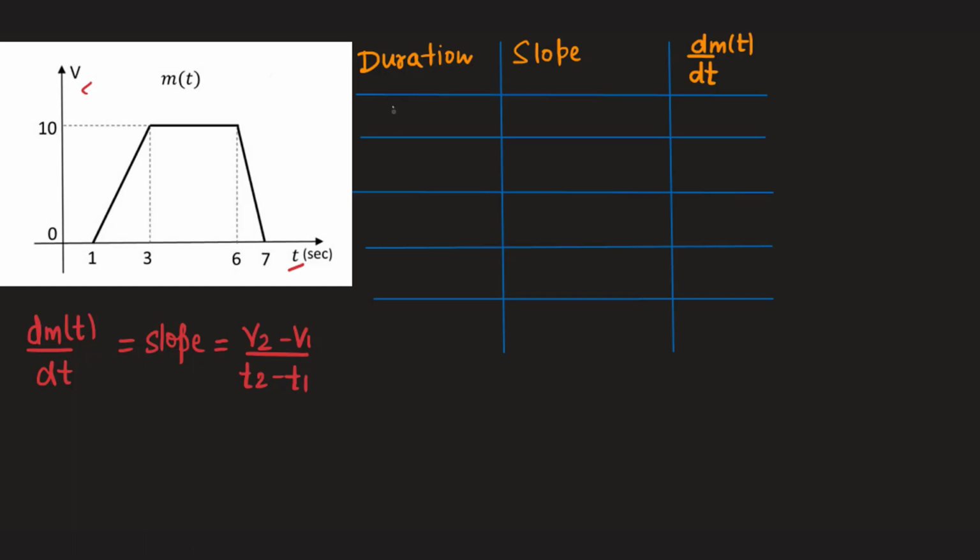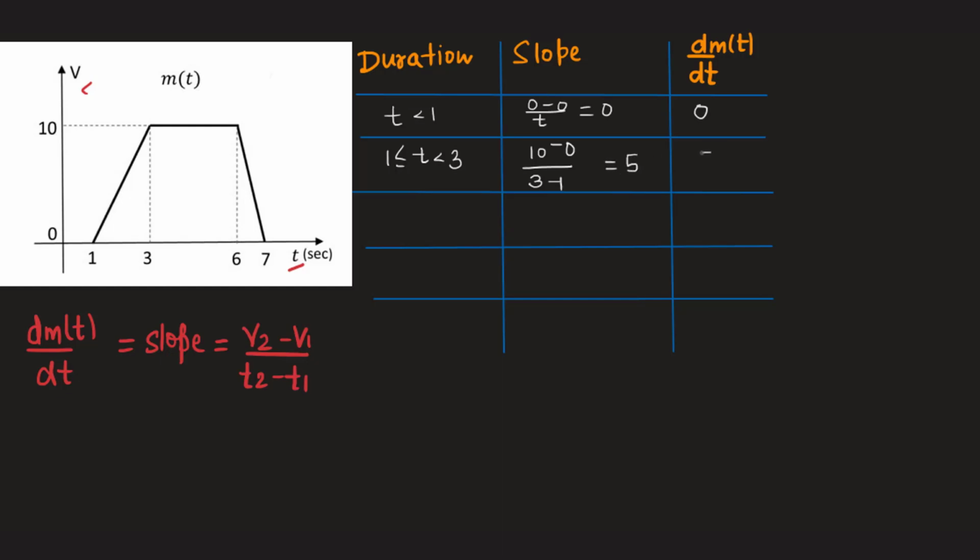For t less than 1, the value of slope is 0 minus 0 by some time t, which is equal to 0, and the corresponding derivative value is 0. For t between 1 to 3, the corresponding slope value is (10 minus 0) by (3 minus 1), which is 5.